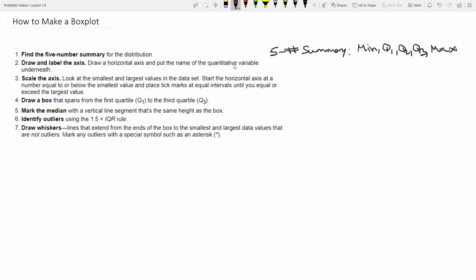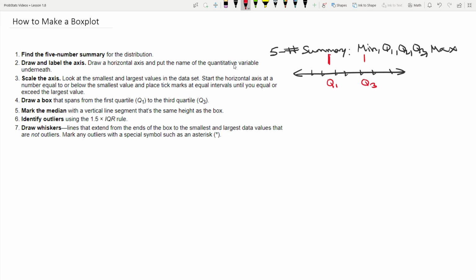Then you're going to draw a horizontal axis, you're going to scale it with your numbers, and then you're going to draw a box that spans from the first quartile to the third quartile. So let's say that this was our first quartile, and this was our third quartile.